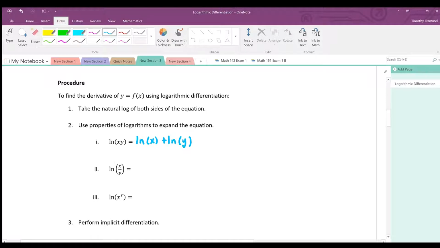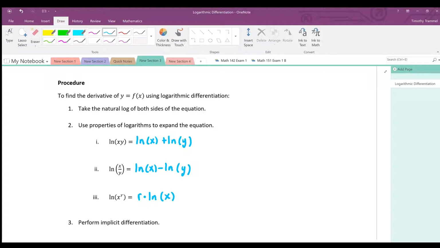If we have a quotient, the natural log of x over y is equal to the natural log of x minus the natural log of y. And lastly, if you have the natural log of x to the r, that's equivalent to r times the natural log of x.